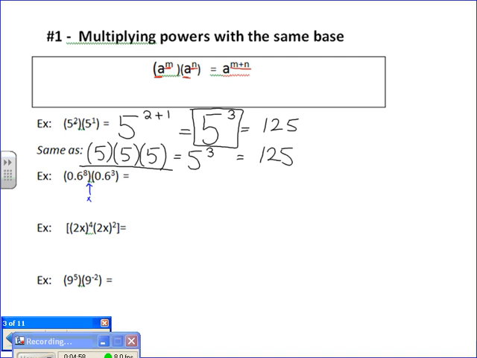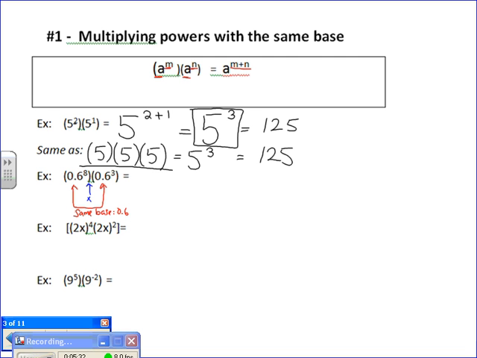We often in math stop using the little times sign because it can be confused with x, and so we often show multiplication as brackets attached to each other. What we don't have in there is a plus or minus sign, so I know that I'm multiplying. Let's look at this question. I see that this power and this power have the same base. The base is 0.6.